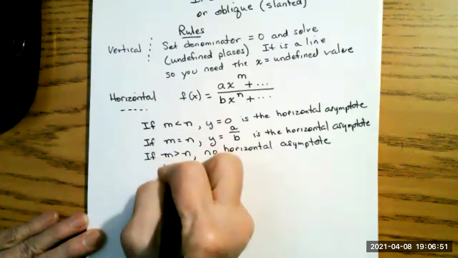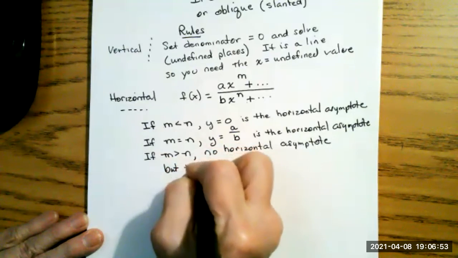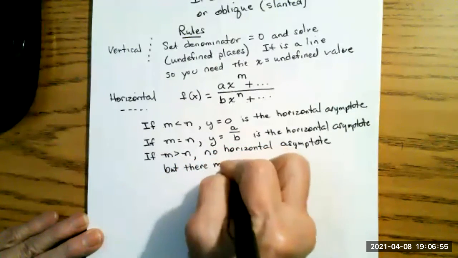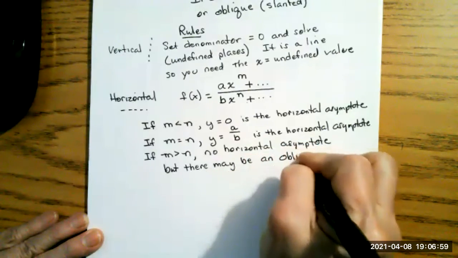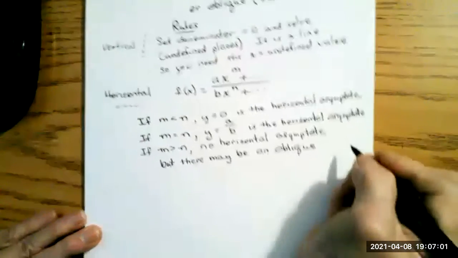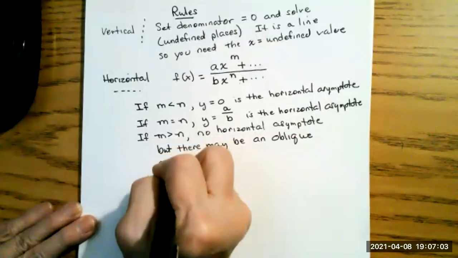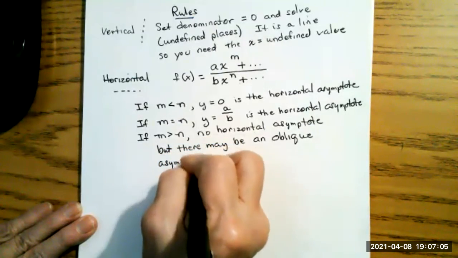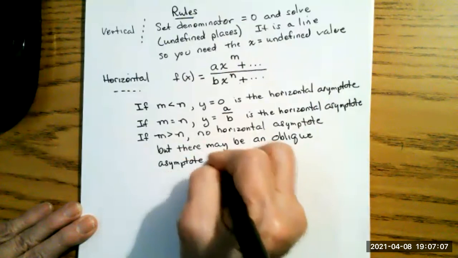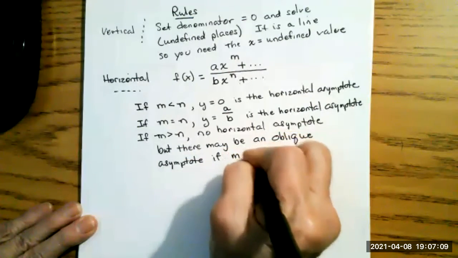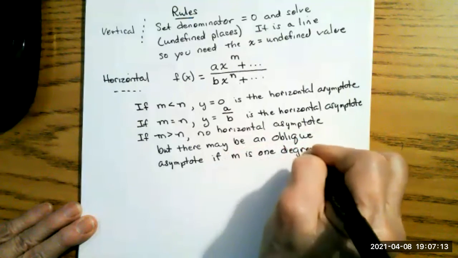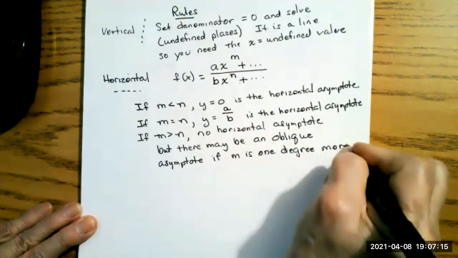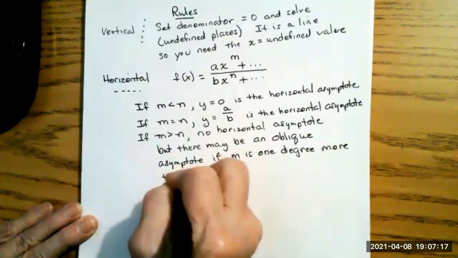But there may be an oblique asymptote if m is 1 degree more than n.